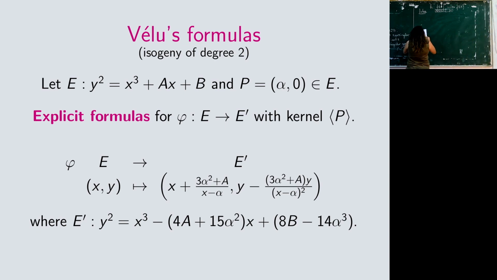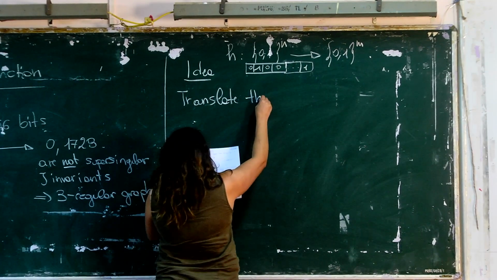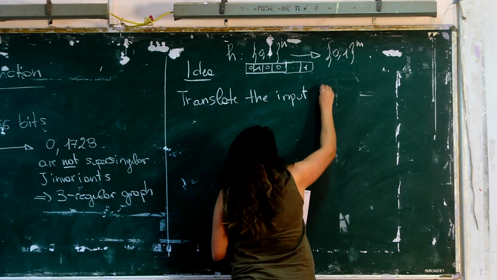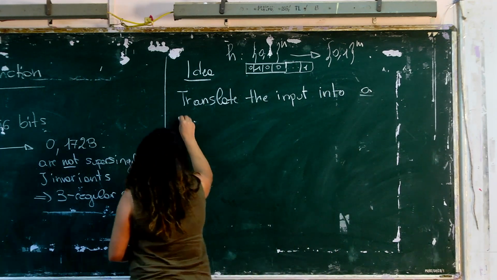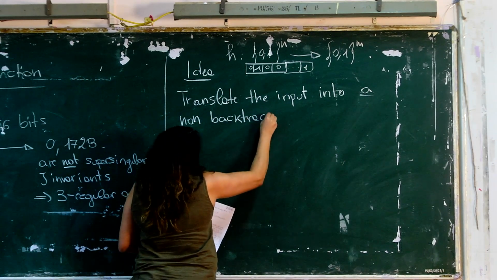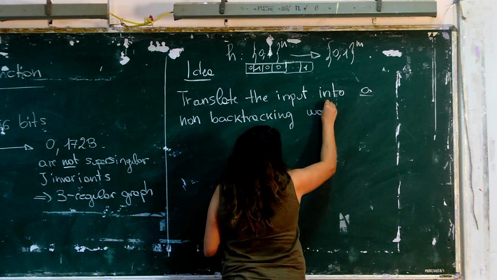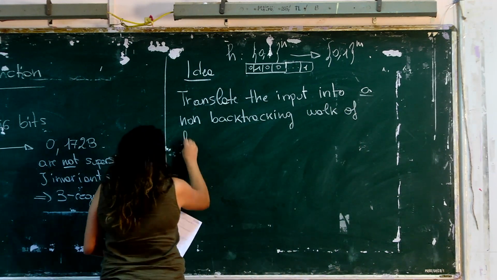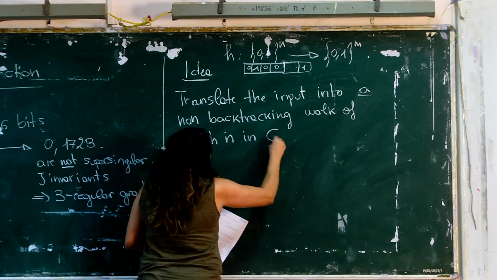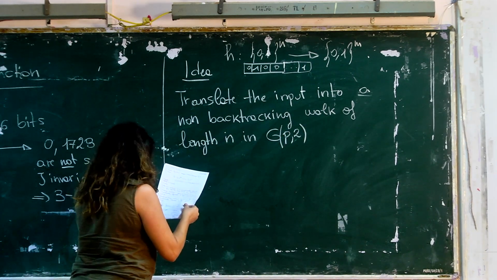So the idea is the following: translate the input into what we call a non-backtracking walk of length n in the supersingular isogeny graph G_p(2).